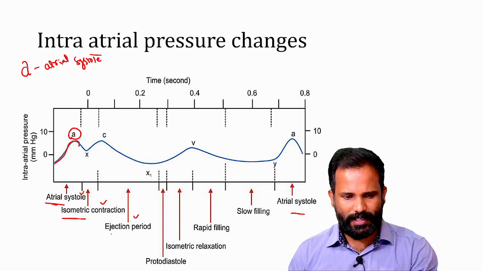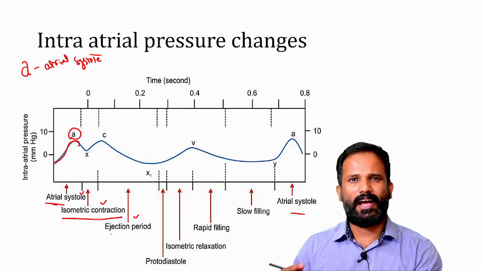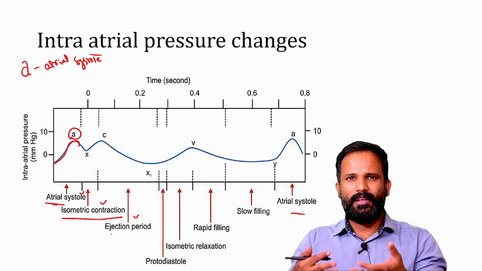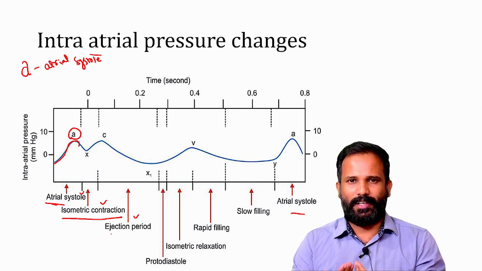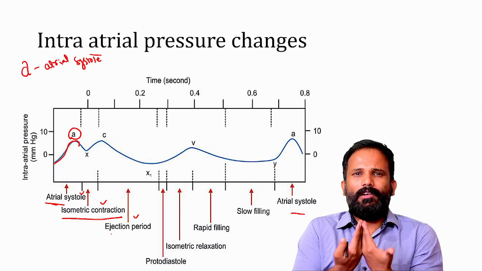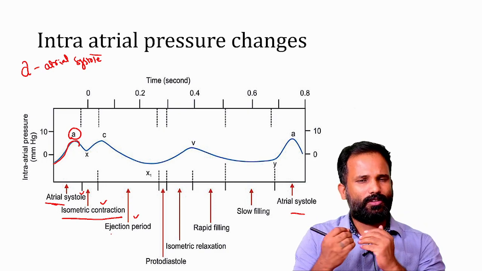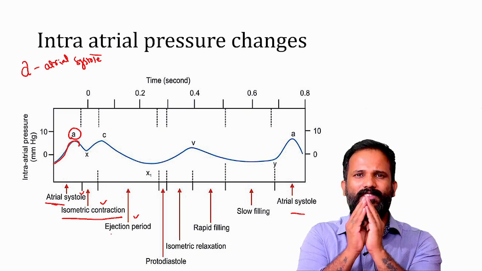Now isometric contraction is occurring. As the isometric contraction is occurring, the valve cusps of the tricuspid valve will bulge into the atria. So the valve cusps are bulging into the atria.